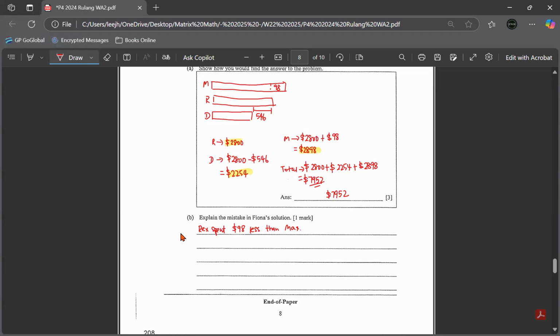You have to plus because Rex is 2800. Because given that Rex spends 2800, Max should not spend lesser than Rex.